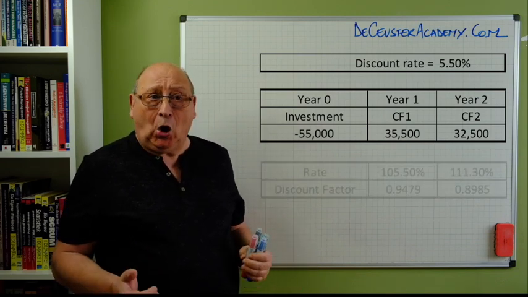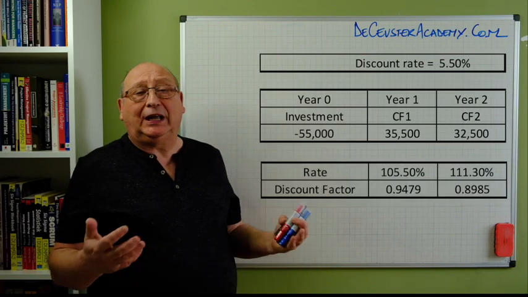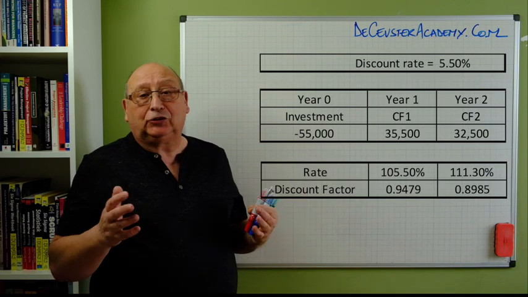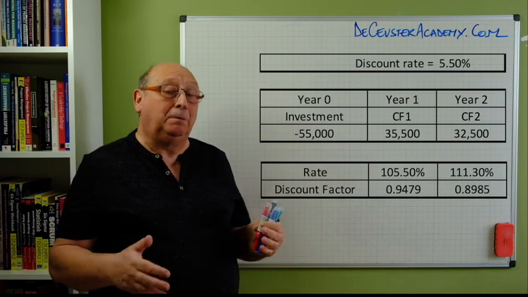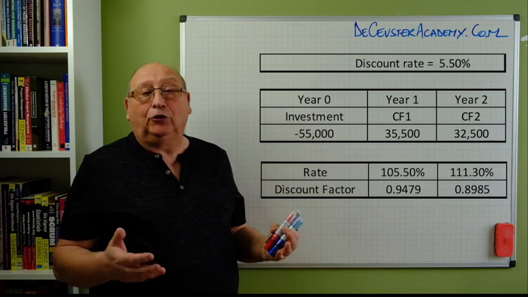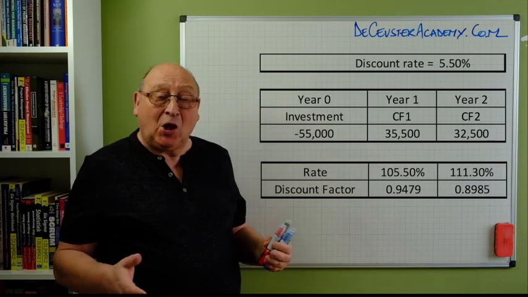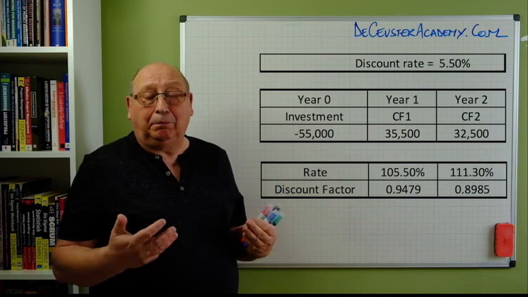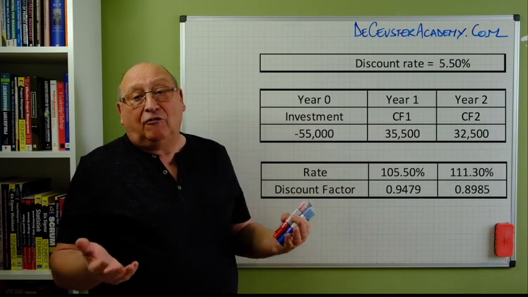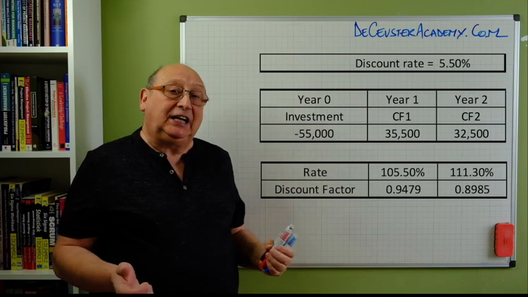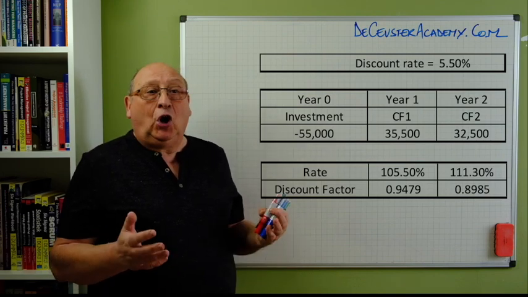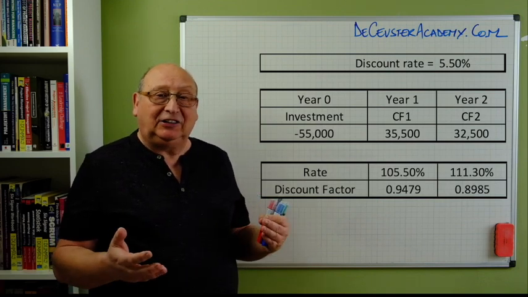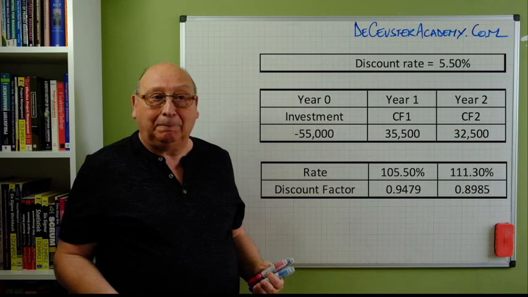When we look at the calculations, when we look at the rate factor, for the first year we have 1 plus 5.5% to the power 1, which gives us 105.5%. For the second year we have the same initial formula, 1 plus 5.5% to the second power, which gives us 111.3%. So we already see the effect here of compounding.